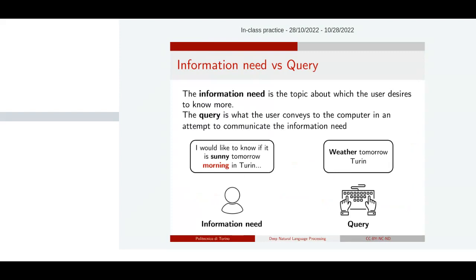So the idea is that they insert some words that represent the information need, but they are not actually the real information need. Because if I would like to know if it's sunny tomorrow morning in Turin, I perhaps will enter "weather tomorrow Turin". So some keywords that represent my information need. And this is something that we need to think about.